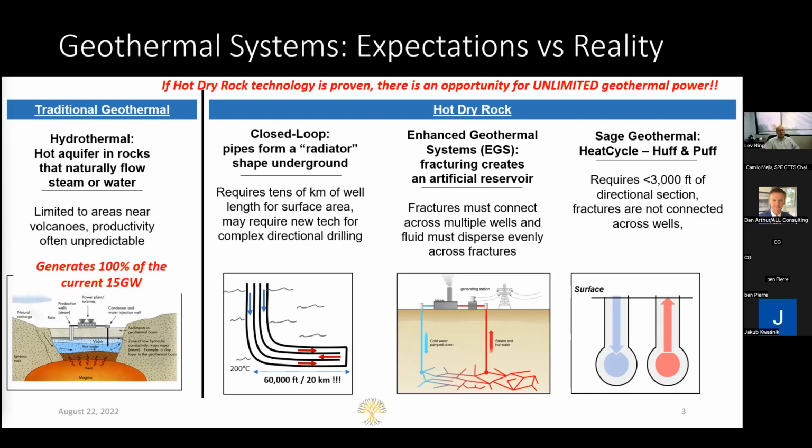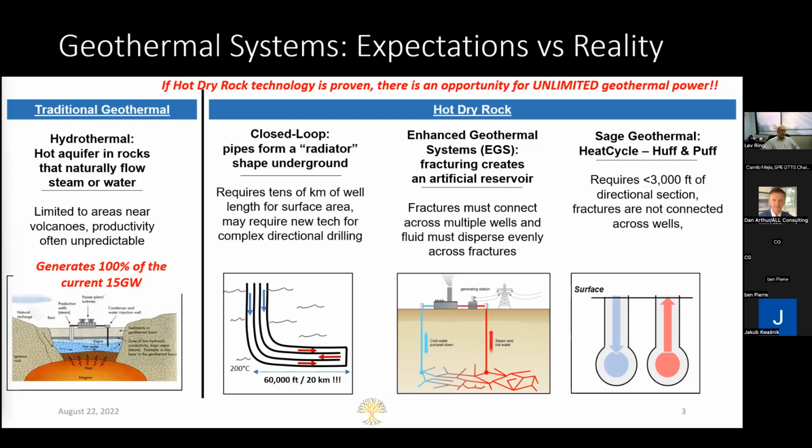We're going to talk today only about geothermal for the purpose of power generation. So we're not going to talk about district heating or any other application. The alternatives are, well, you can build a downhole heat exchanger, which is called a closed loop system, like radiators, and try to circulate fluid.